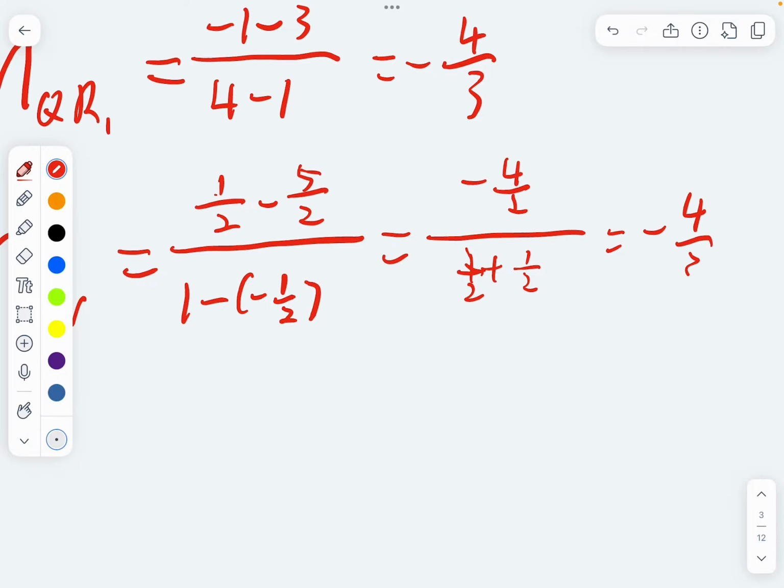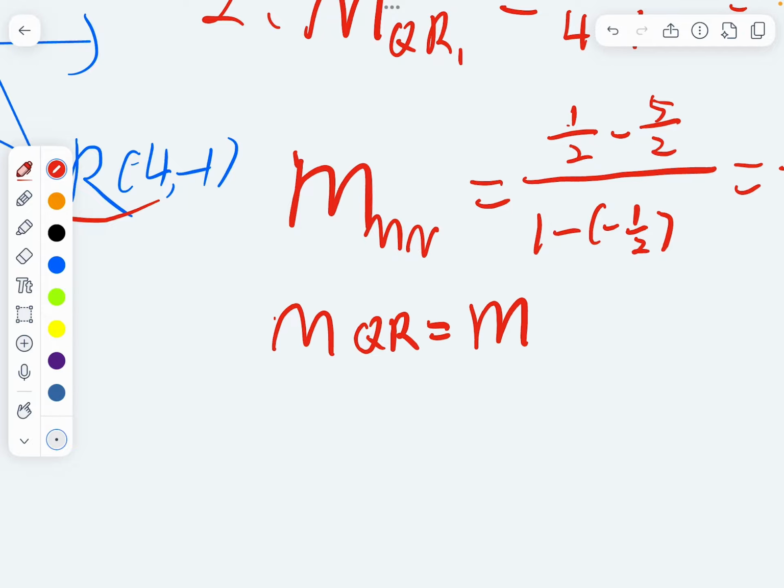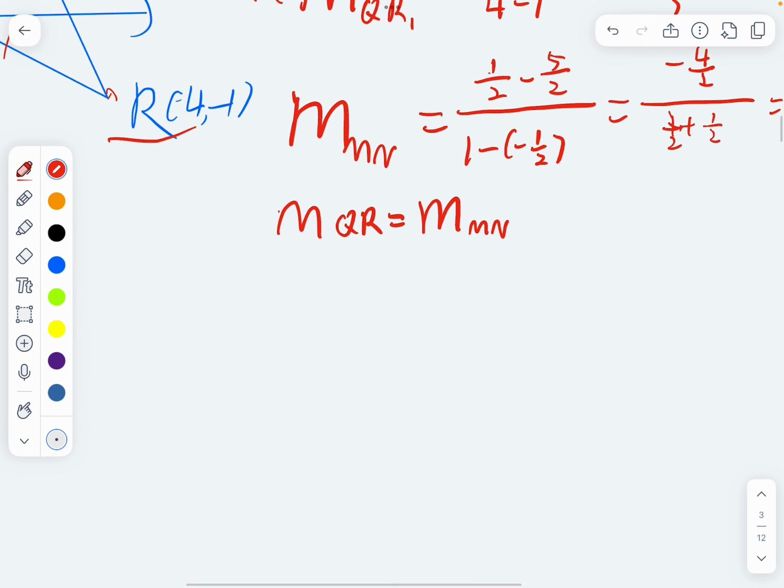So we can note that m QR equals m MN. That means MN is parallel to QR.